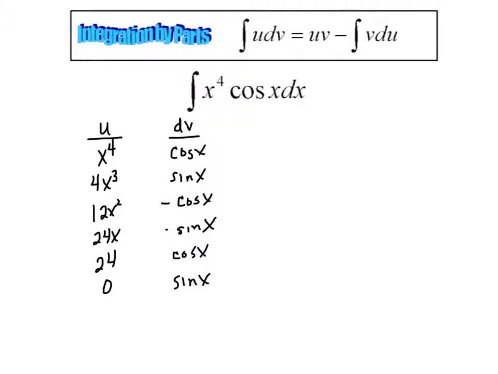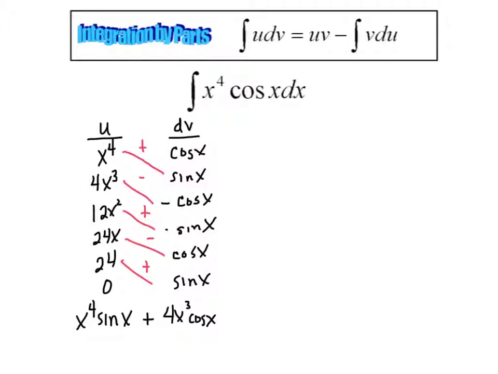The first term is u times v, so it's diagonal. We just do the diagonals after that. The first term's positive, and then it just alternates. So our first term is x to the 4th multiplied by sine x, and it's positive. Our next term is minus, but it's 4x cubed times negative cosine, so minus a negative is positive.